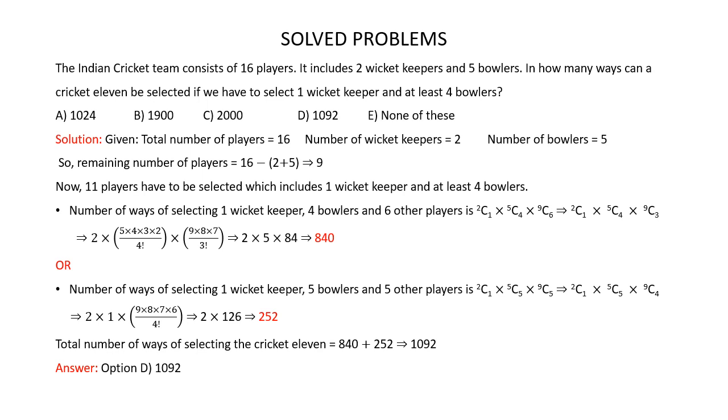Now let's look at the second case. The number of ways of selecting 1 wicket keeper, 5 bowlers and 5 other players.